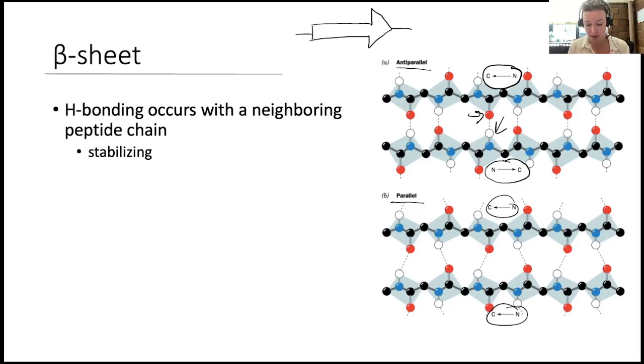In this parallel scenario, you can see that the hydrogen bond is a bit longer, a little bit off at an angle. So this hydrogen bonding interaction is stabilizing for beta sheets. Hydrogen bond is a fairly strong type of interaction, and it's particularly strong in an anti-parallel scenario where the hydrogen bonds are perfectly aligned.